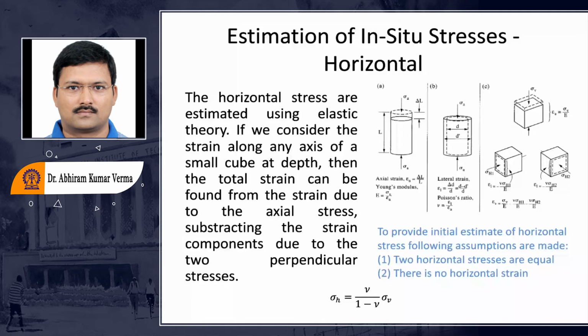Like you can see in this equation, sigma small h is always less than the vertical stress, so this is not always possible. For that, we need to find out the vertical stress. Before that, I will come to that later on.